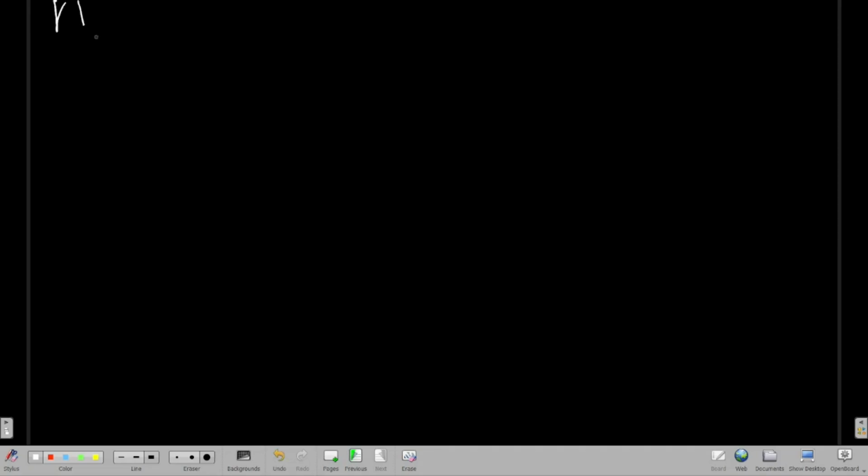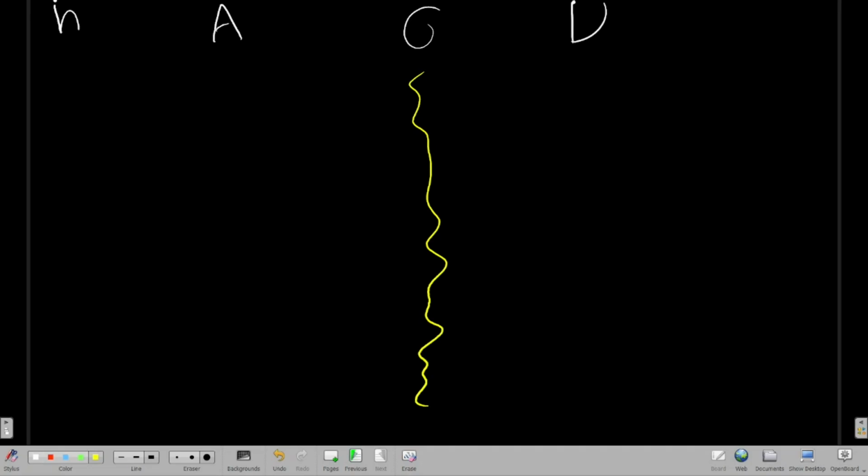Here's the nominative, the accusative, the genitive case, the dative case. We ain't gonna touch this one here for now. The important thing is that you learn the other stuff.